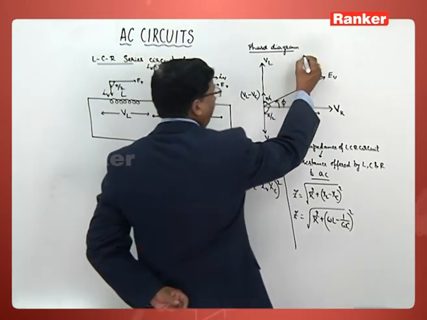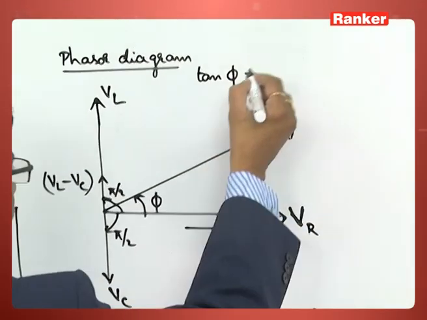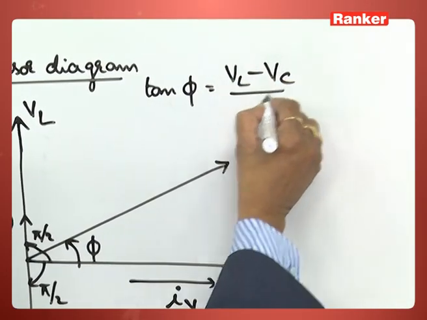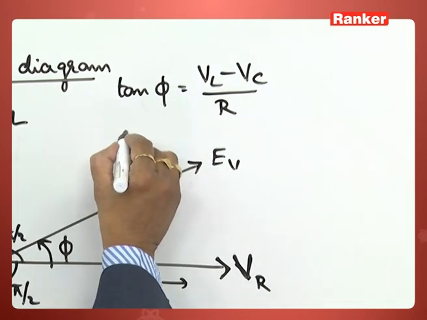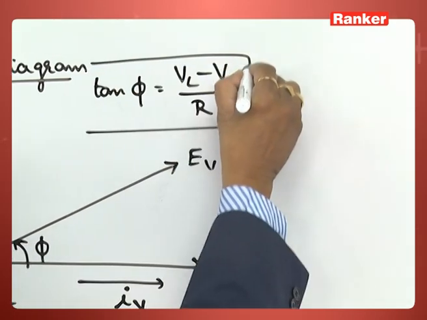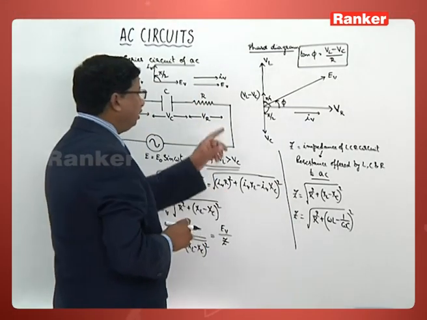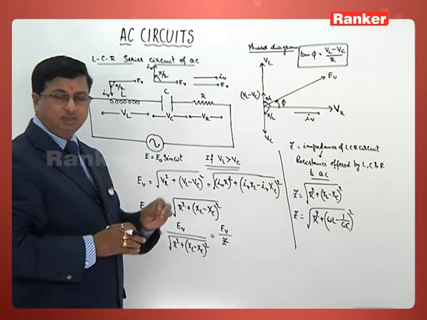What is the value of tan phi from this graph now? It is equal to VL minus VC by R. So using this particular equation, one can calculate at what angle the resultant EMF is going to be observed in this circuit.